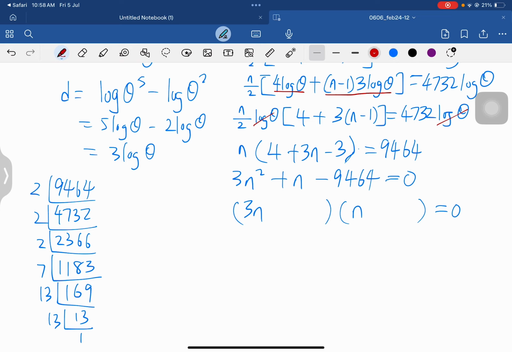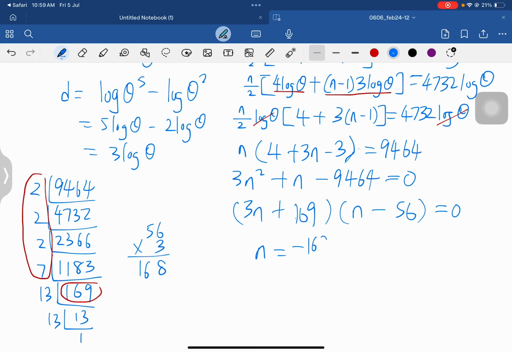I'm going to use this pair, 169, and 8 times 7 is 56. Try and see. 56 is here, 169 is here. So 56 times 3 is going to be 168. Yes, good number. This is a plus, this is a minus. So your n going to be minus 169 over 3, or n equals 56. Since n is a number of terms, it must be an integer. So this one reject. Answer is 56.